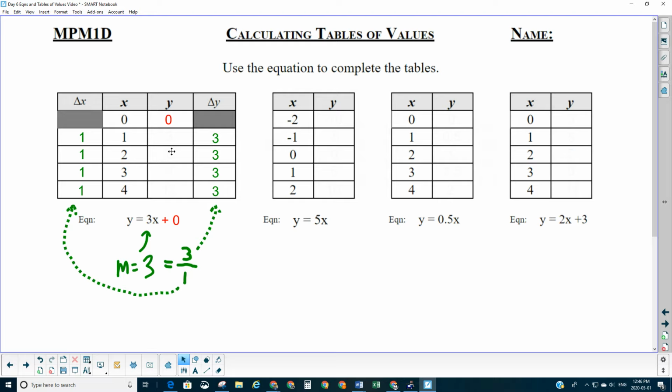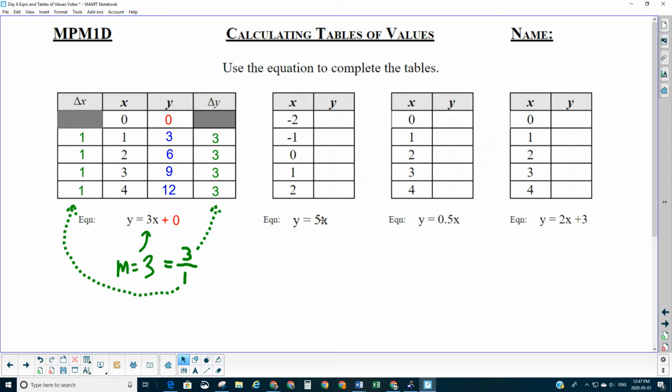That means the y's are going to go up by 3. So if you're at 0, we're going to go to 3, and then 6, and then 9, and then 12. And so this equation comes up with this table of values. Again, you can always test: 3 times 4 is 12. You can get these by just plugging in the values as well, but if you understand the first differences, all you have to do is follow patterns instead of actually having to do the math.